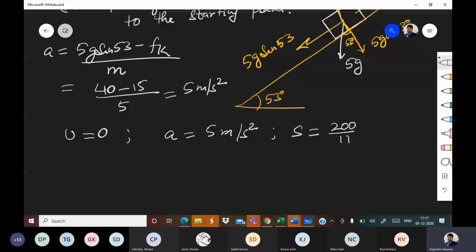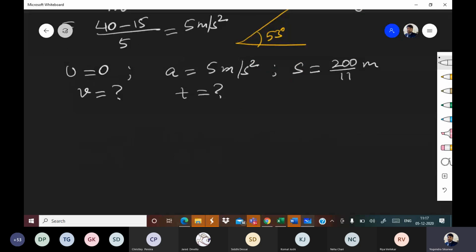S will be 200 by 11. V is equal to question mark, velocity we need to find. And T is equal to question mark, time we have to find. So by V square is equal to U square plus 2AS.